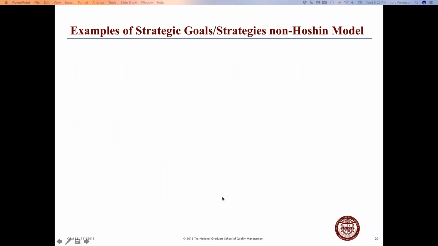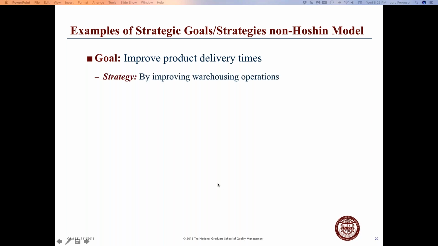Examples of some strategic goals and strategies. A goal might be to improve production delivery times. And then the strategy for that goal might be improving warehouse operations. So we want to improve the delivery time is our goal. The strategy is we're going to focus on the warehouse operations.